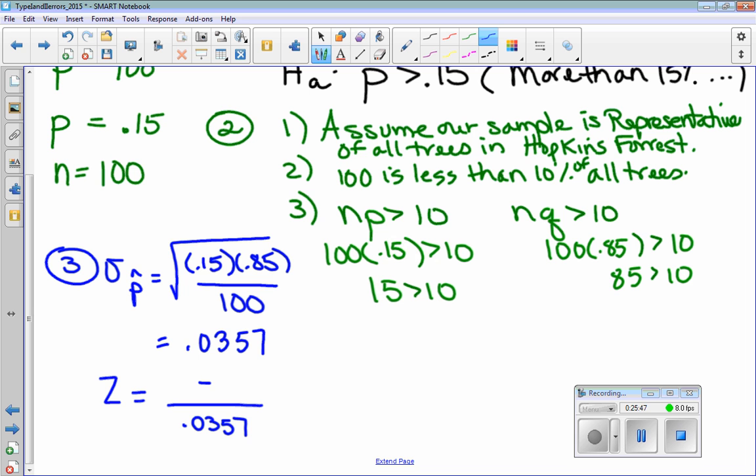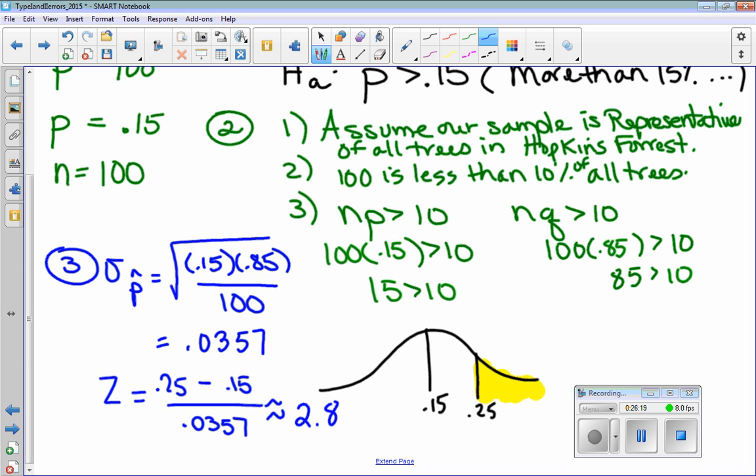And I like to draw them. It always helps me. 0.15 and then 0.25. We think it's greater than, so we're going to go here. So we know that our formula is 0.25 minus 0.15. And the Z, we should get a positive value, and I think we get 2.8.